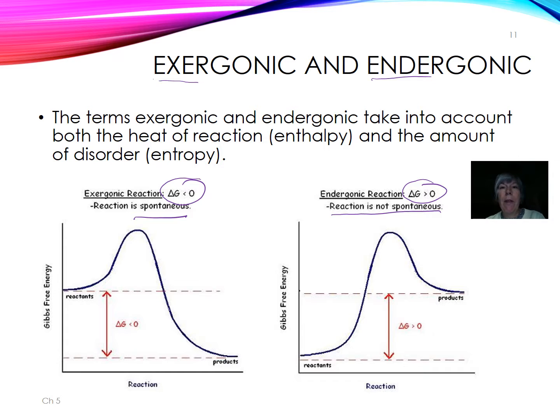Now, it's not important that you know Gibbs free energy, but what is important is that you understand the difference between a spontaneous and a non-spontaneous reaction. A spontaneous reaction will go on by itself. A non-spontaneous reaction requires energy in order for it to happen, a continual flow of energy.